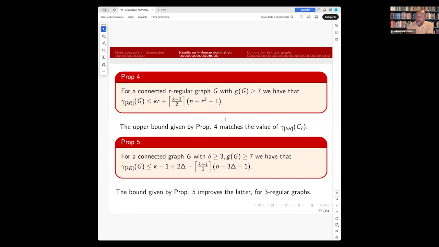And the next result, if we require that the minimum degree is 3 and the girth is at least 7, improves the result obtained in proposition 3, and we can also see that for 3-regular graphs, it improves the result of proposition 4.